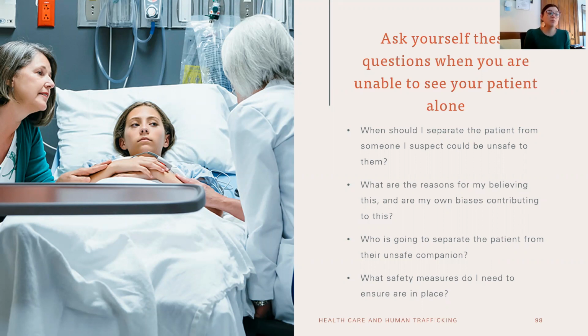What are the reasons for my believing this, and are my own biases contributing to this, right? You have your own lived experiences that you are coming to providing care with. Are those impacting your assumptions that you might have on somebody that you might believe is causing harm, but are they really, right? What biases of your own are playing a role here?